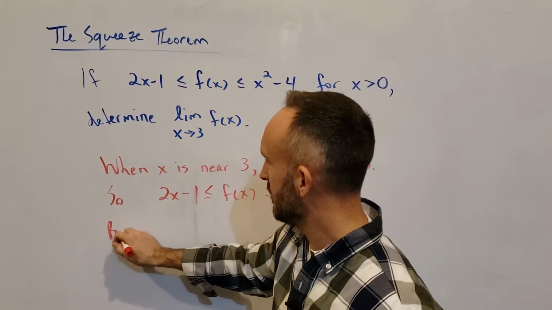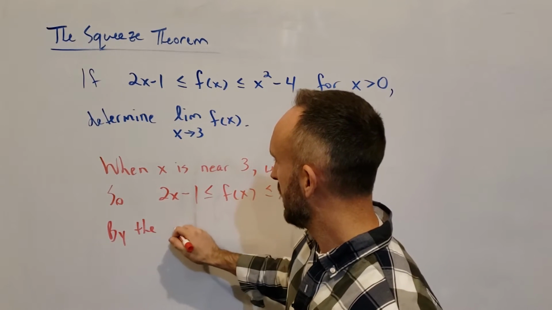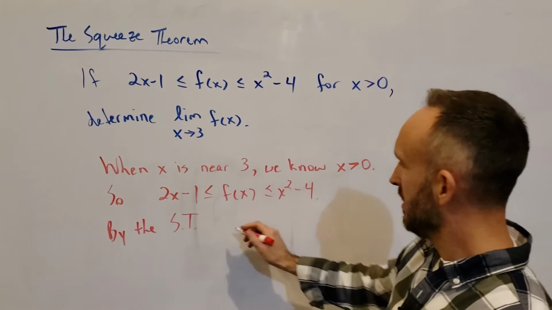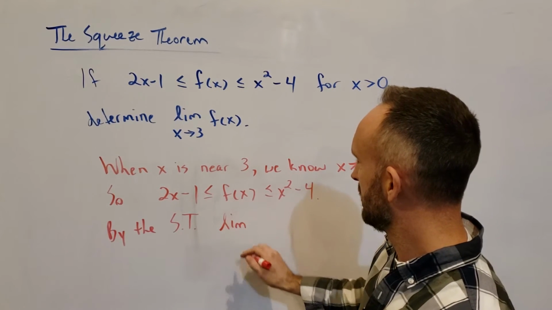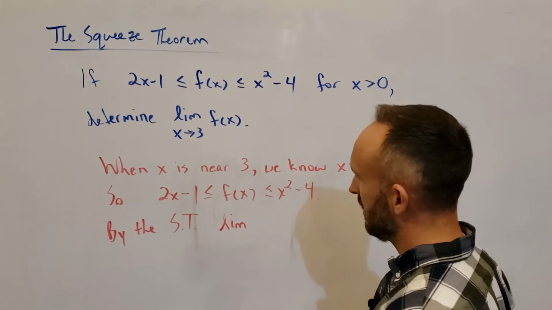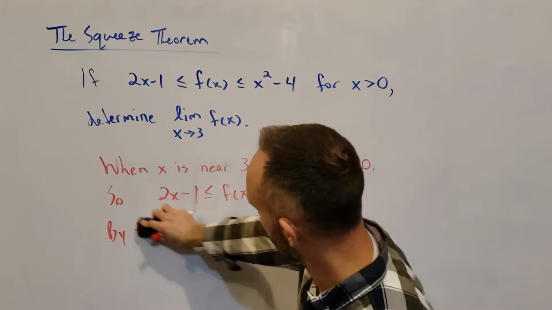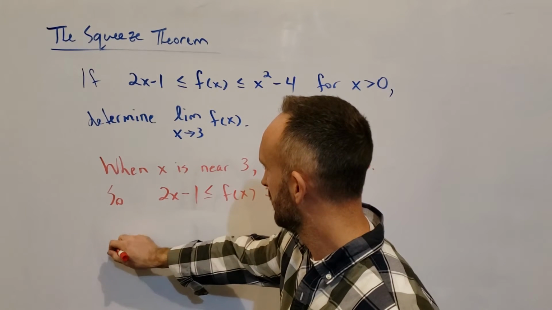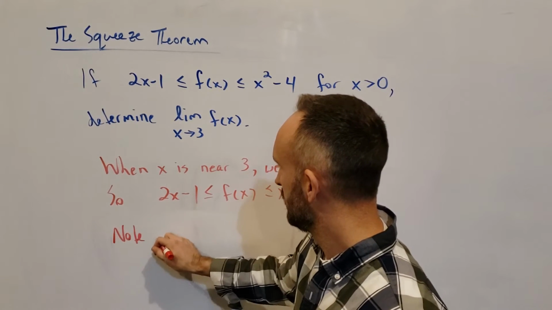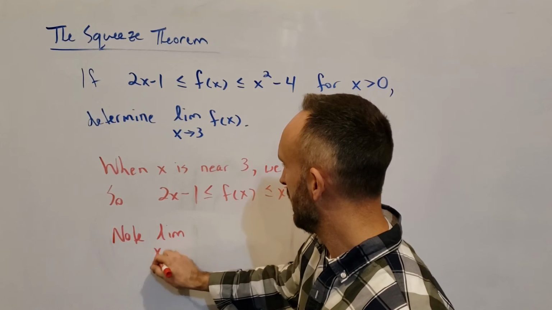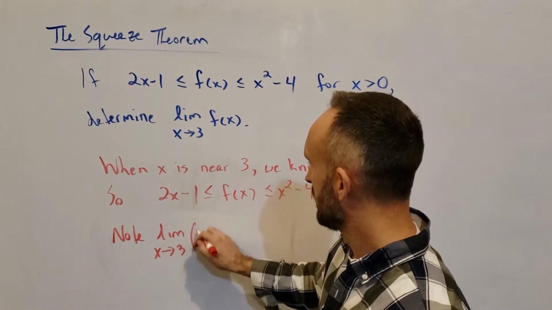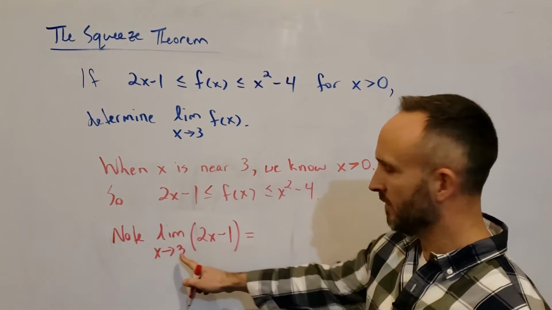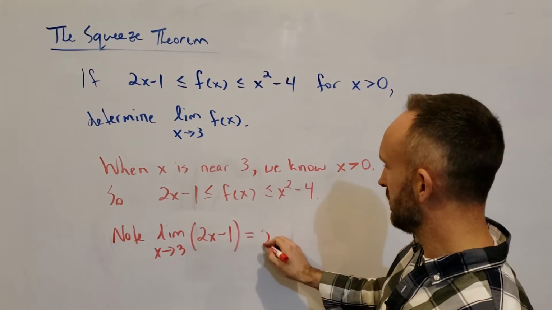By the squeeze theorem, which I'll abbreviate as ST, the limit, well, I apologize, let me back up here a moment. So note that the limit as x approaches 3 of the lower function, 2x minus 1, you can evaluate that by direct substitution, is 5.